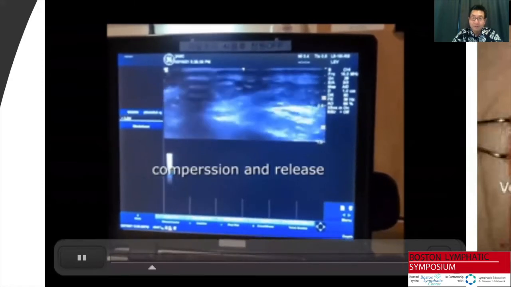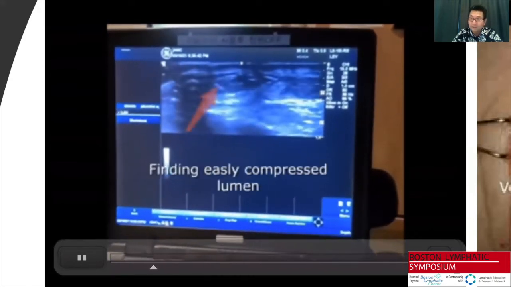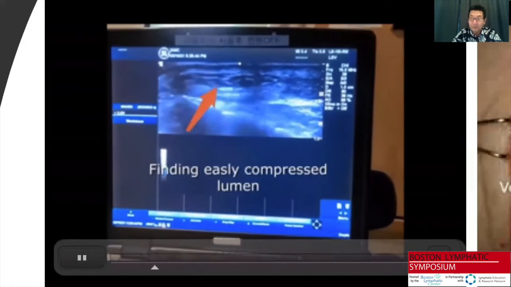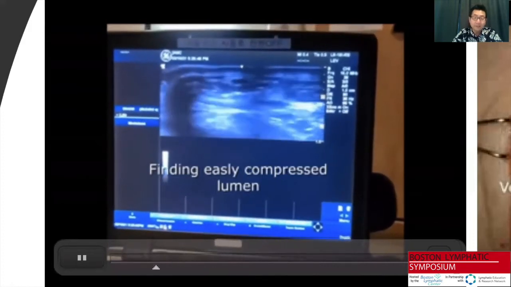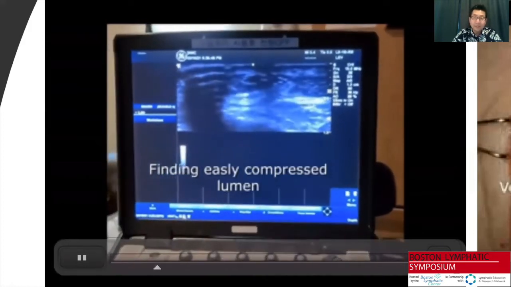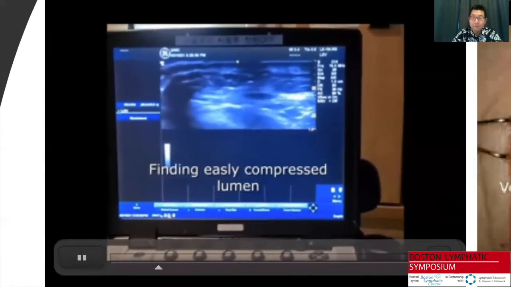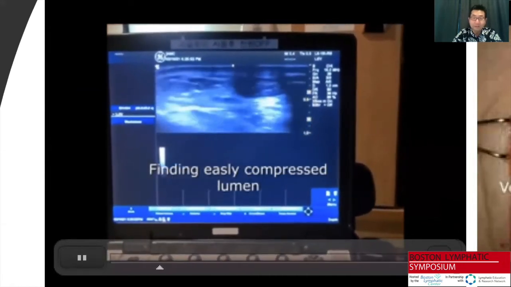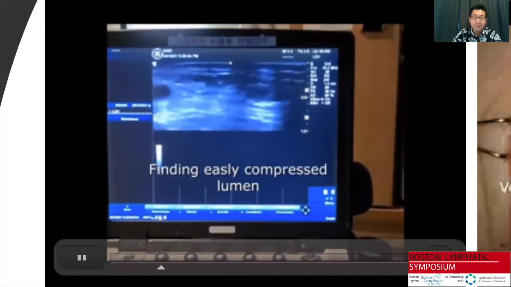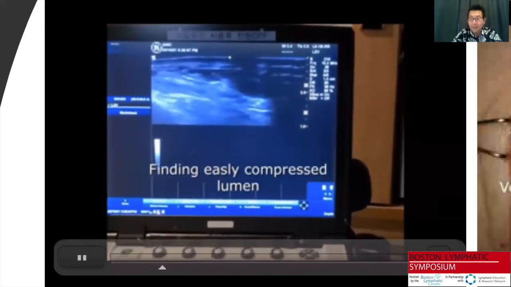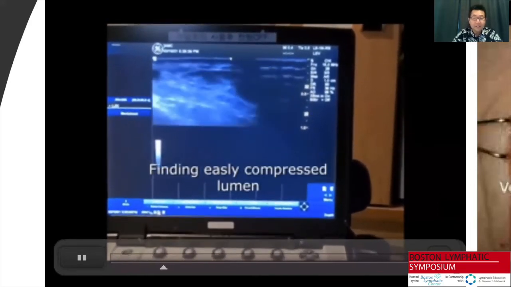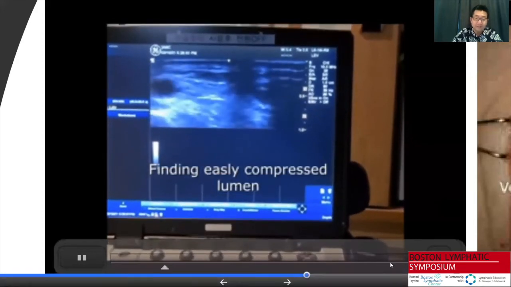The lymphatic vessel does not collapse completely while the vein collapses. Another mode is using a color mode, a duplex, to find if there's any filling of the vein. So again, if it's easily compressed, then there's a high chance that it's a vein. If it doesn't, it is a lymphatic vessel.